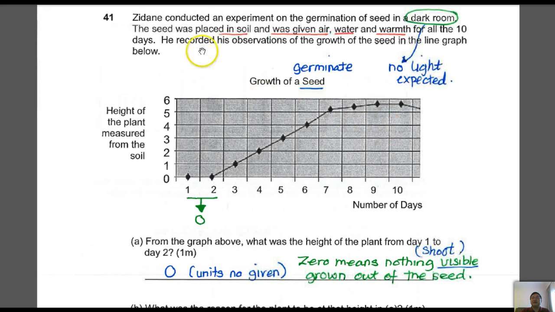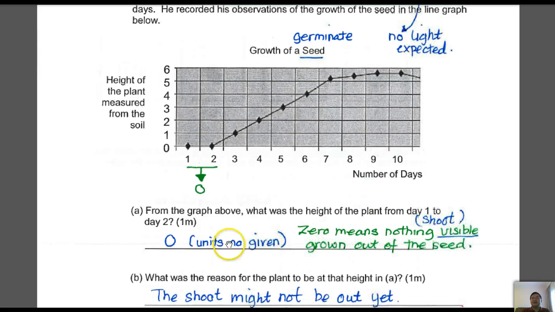Now he recorded his observation of the growth of the seed in the graph as below: height of the plant against number of days. Now from this above, from day 1 to day 2, look here, it's a flat line, a straight line, it's not sloping up, right? It shows that the unit of growth is 0.